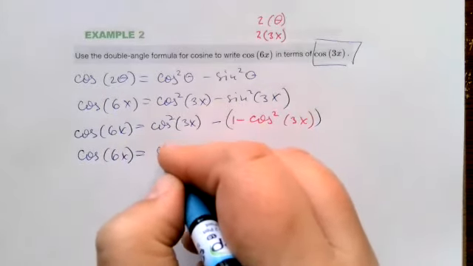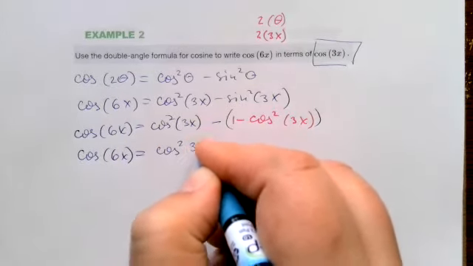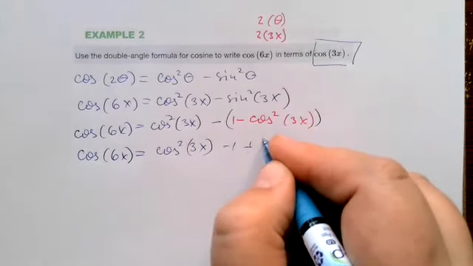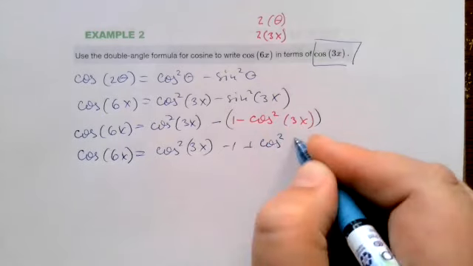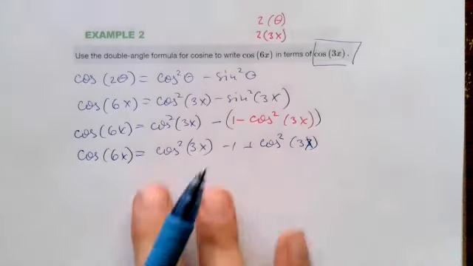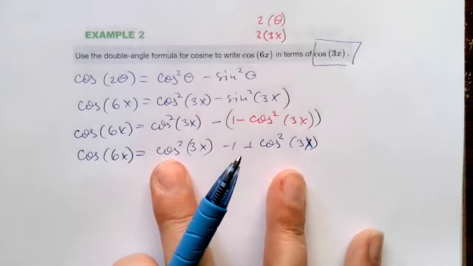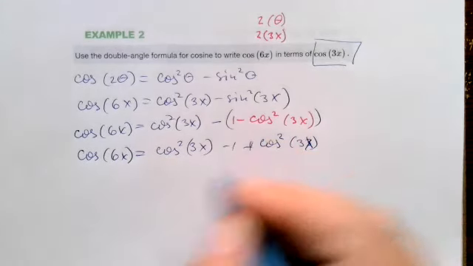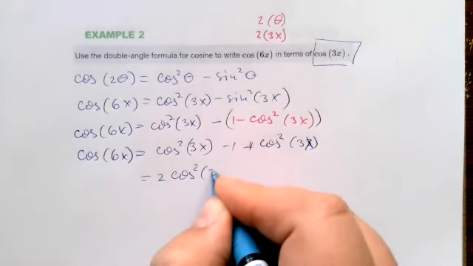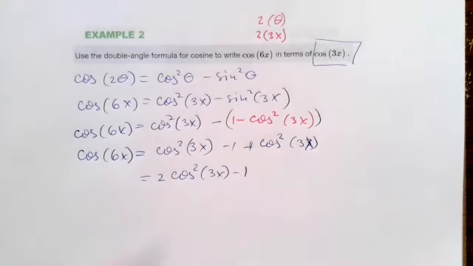This is what we're going to get: cosine squared 3x minus 1 plus cosine squared 3x. So when we combine these two terms, we get 2 cosine squared 3x minus 1. And that's going to be our answer.